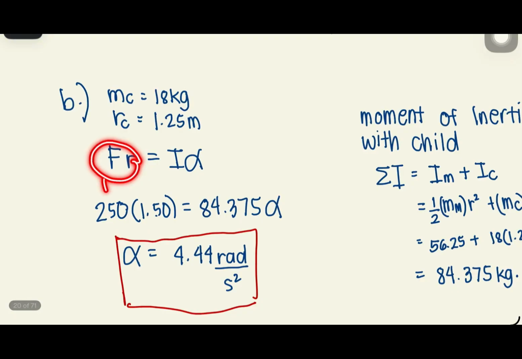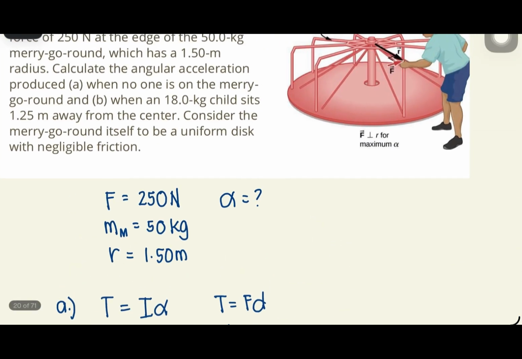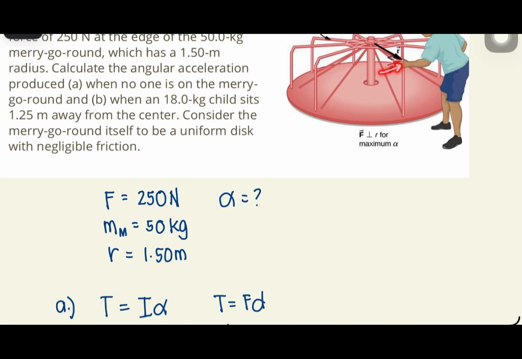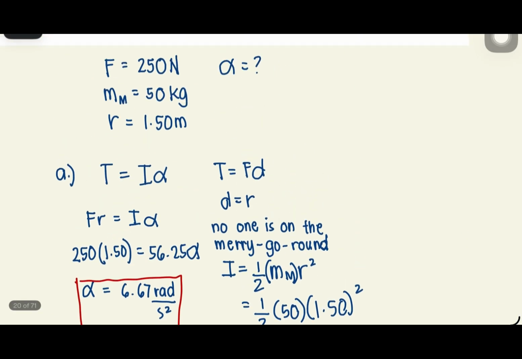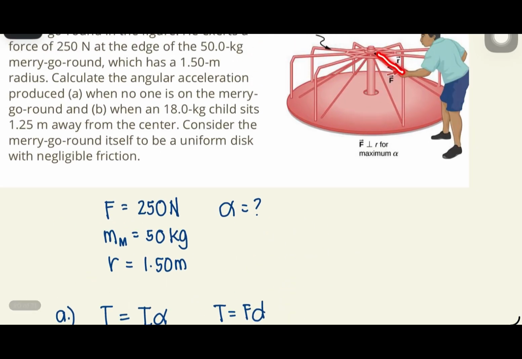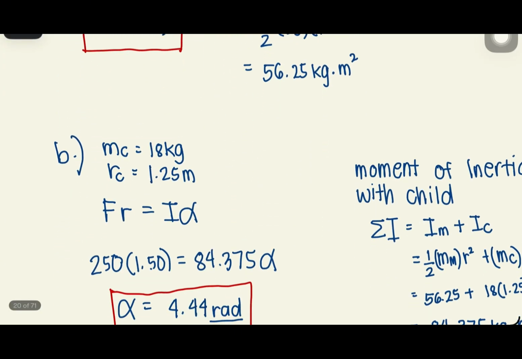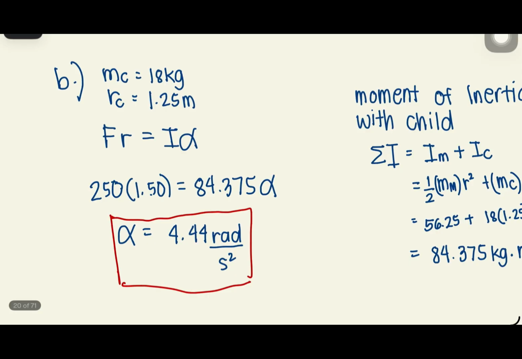Then for the torque, same lang din kasi pareho lang naman yung in-apply niyang force at the end pa rin siya nung merry-go-round. So wag kayong malito dito sa r, kasi yung definition natin ng r dito sa torque F times d is the distance niya from the axis of rotation papunta dito sa kung saan in-apply yung force natin. So, same lang pa din, 1.5 times 250 equals 84.375 alpha.